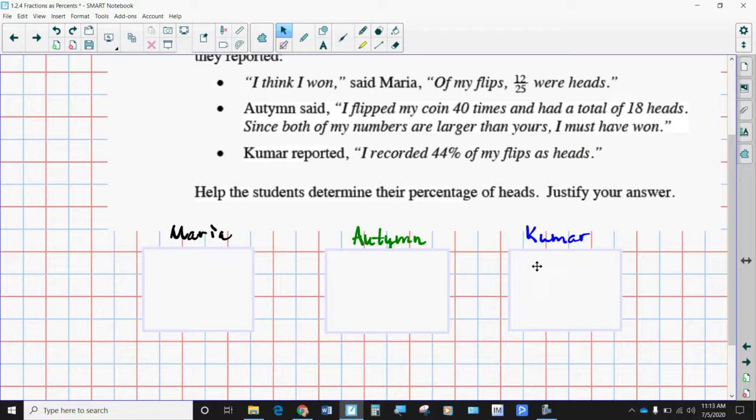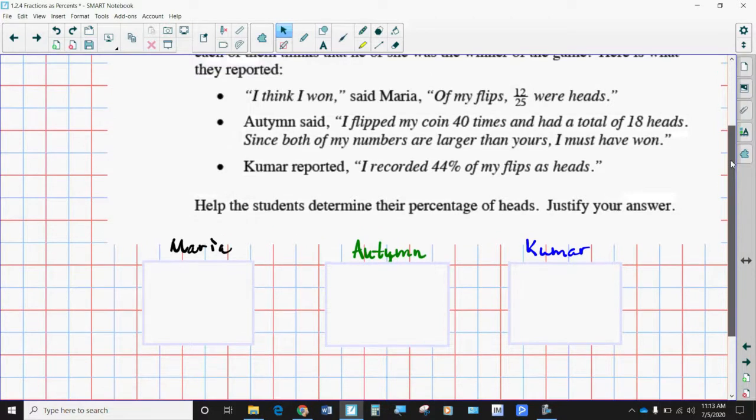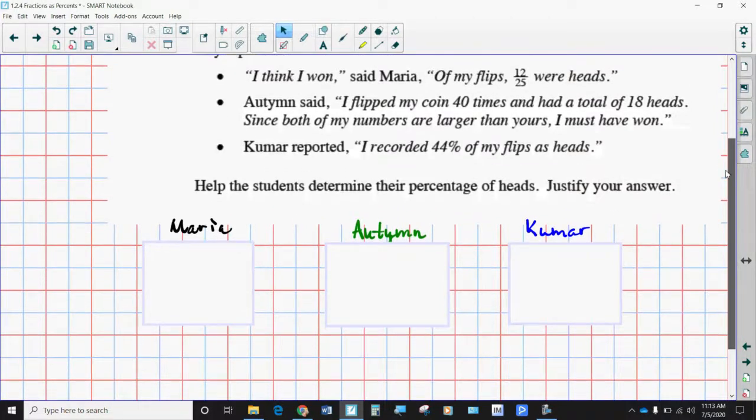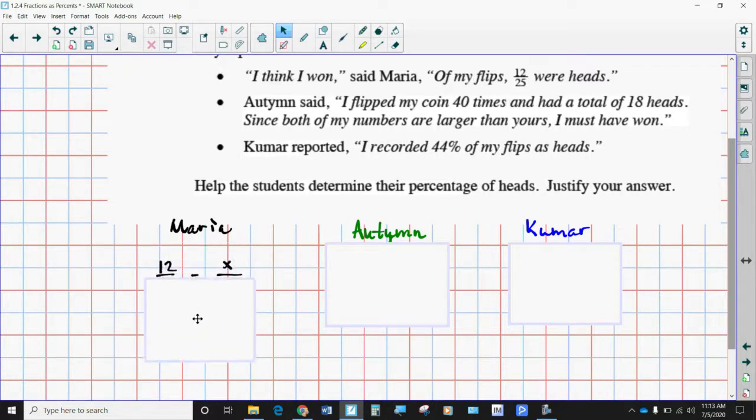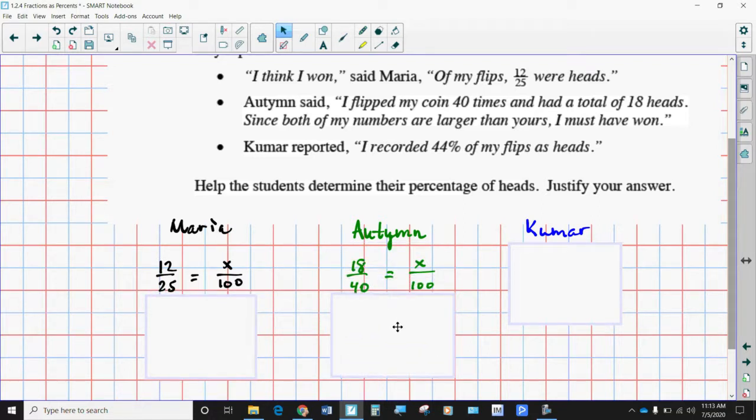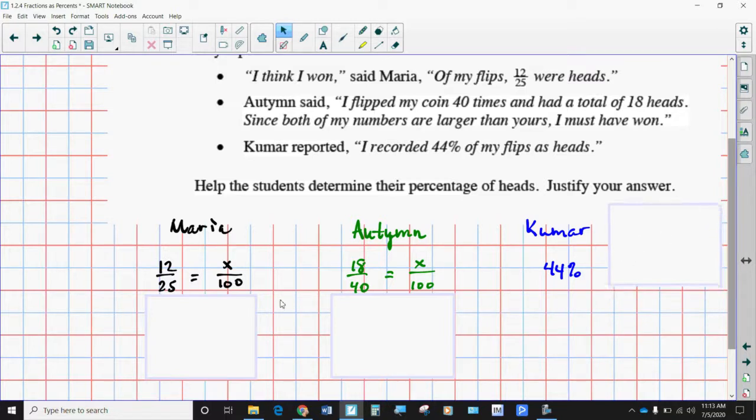So I guess we have to compare all these to Kumar. If we're going to try and figure out who had the highest percentage of heads, then we've got to convert Maria's to a percent, and we've got to convert Autumn's to a percent so that we can compare it to Kumar's 44%. Okay, so let's start with Maria.